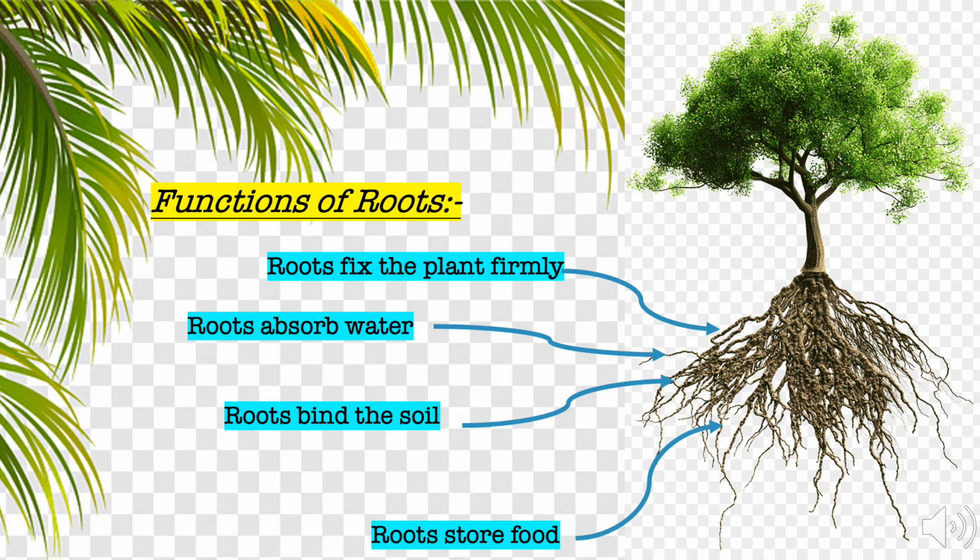Then roots absorb water and minerals from the soil and pass them to the stem and leaves of the plant. Third, roots bind the soil as well. The soil on which no plants are growing is easily washed away by water or blown away by the wind.